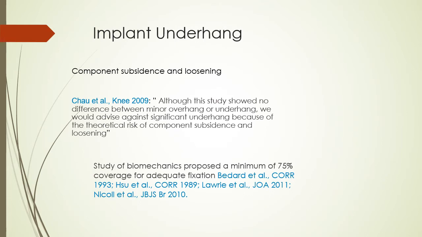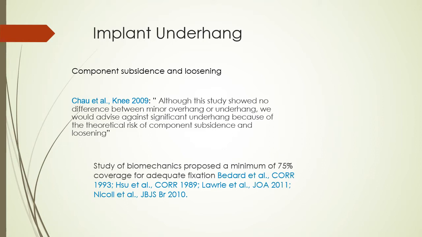But on the other hand, can't we just use a very small implant so that we do not have any overhang? Then we'll have underhang. That will also, in theory, cause loosening and subsidence of the component, as these studies have talked about.